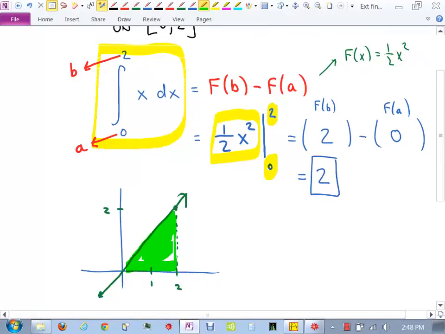But that's half a rectangle, isn't it? Or half a square. What's the area of the entire square here? 4, right? A 2 by 2 square. But since it's the identity, it's diagonal, so it's half of that, so the answer is 2. I just wanted to show you that it works, and it's not a coincidence. It works all the time.